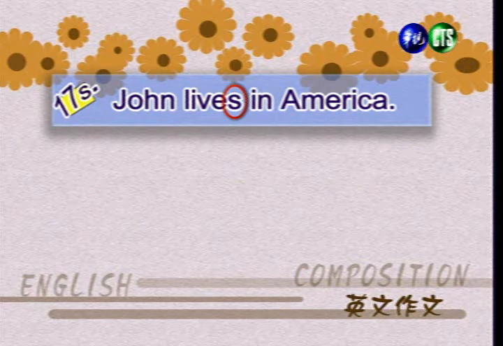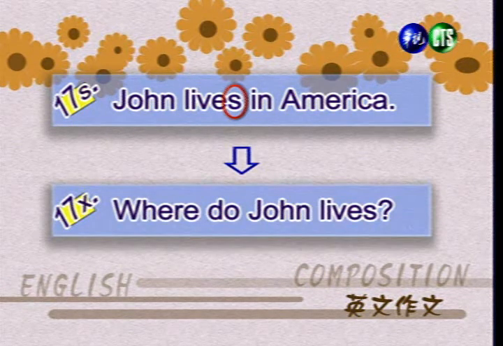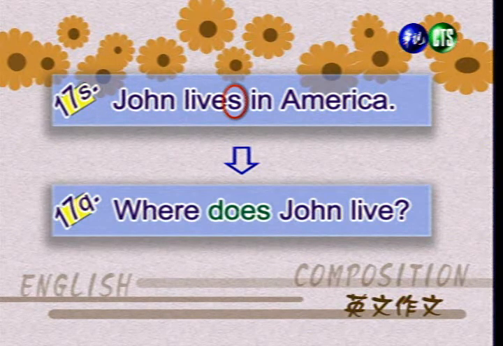Thus, do changes into does. 好，我们把 live 的 s 去掉移动到 do 的这个地方来，于是它就会变成 does。And so here's our new question, where does John live? 好，那我们会形成这个问句 Where does John live?